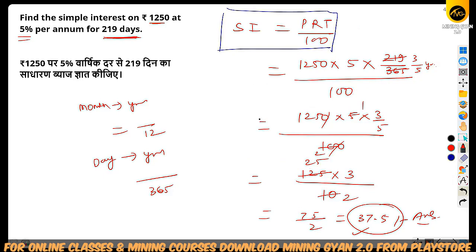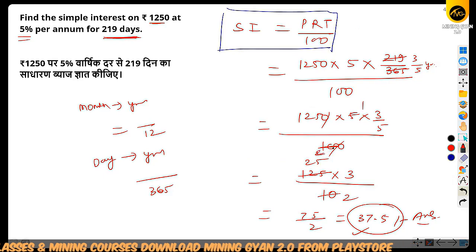Just calculate this problem and you can find the simple interest. So what did we do? We cancelled one zero from here. We have 125 into 5 into 3 divided by 5. 5 divided by 5 is 1, and 5 twos are 10, so that also cancels. So in the last step we have 125 rupees into 3 divided by 10.